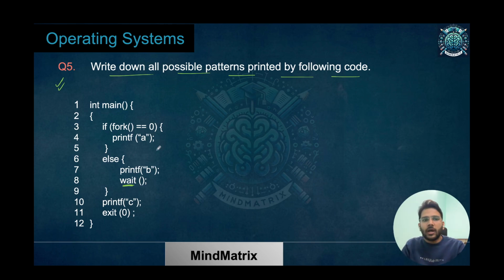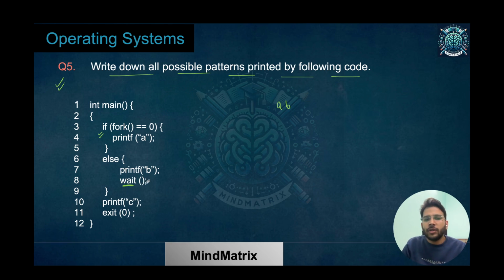Now carefully see what are the possible patterns we can have. For the child, this if statement will be executed, it is going to be true, right? So printf A. Let's say if the child is executing first, we can have A. Then there are two possibilities: either the parent process is going to execute B, so we can have B here, right?